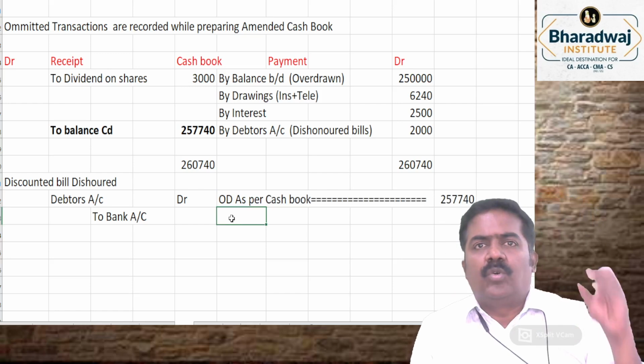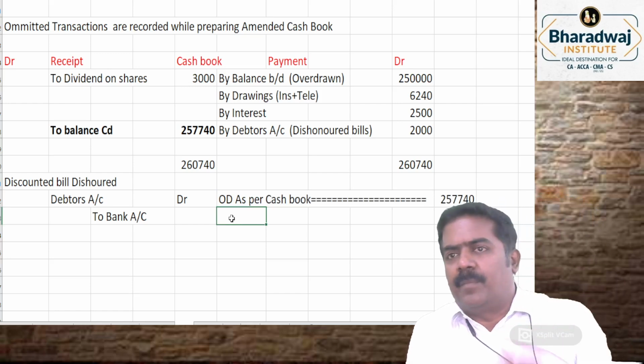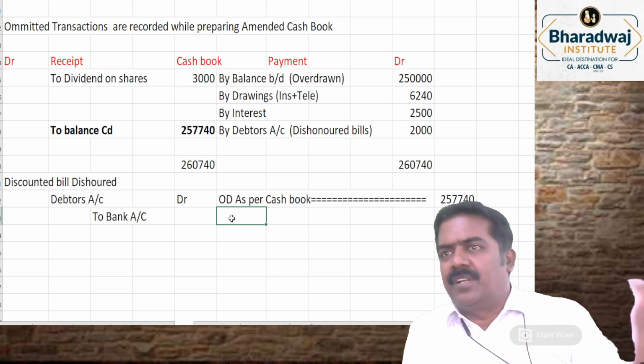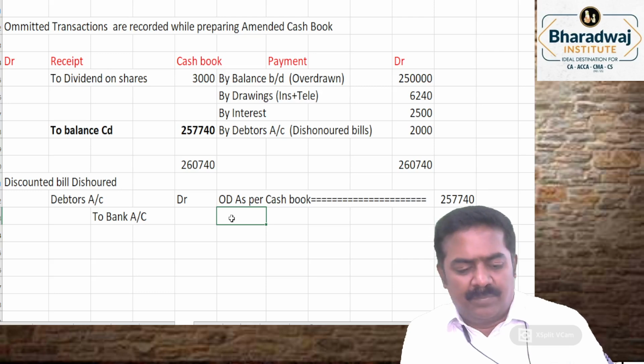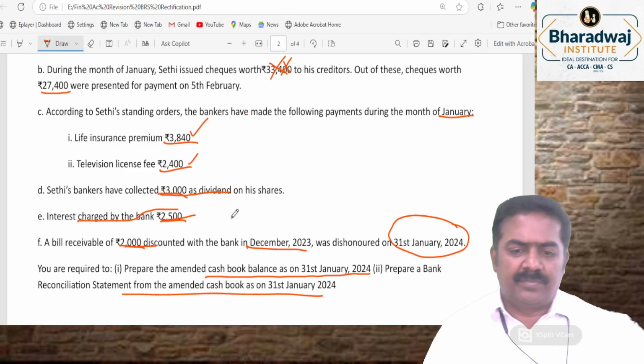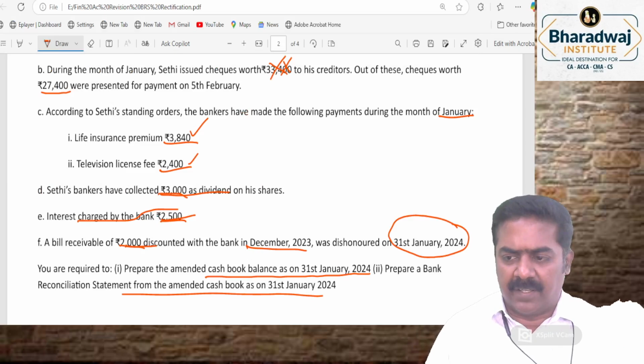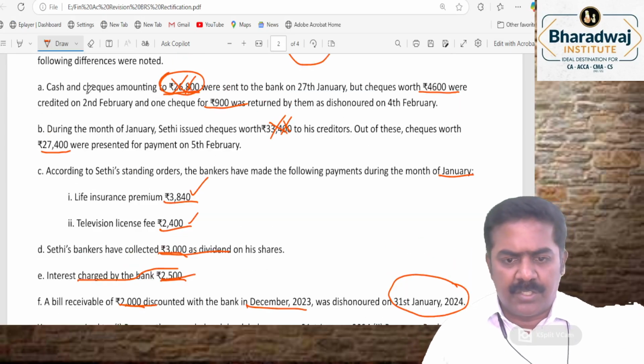Now, omitted items we already included in the amended cash book. Other items will come in reconciliation. Which items will come in reconciliation? Checks. Checks sent for collection.